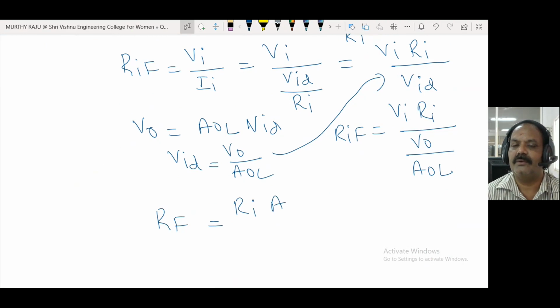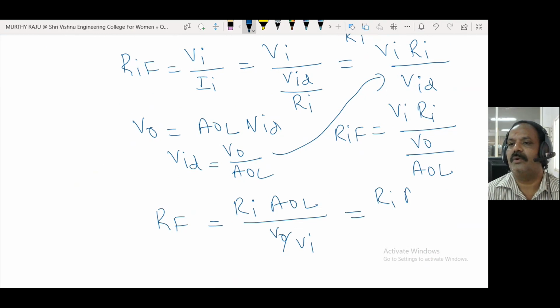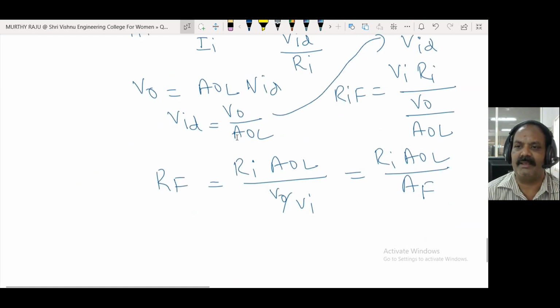Finally, RIF is equal to RI into AOL by V0 by VA, and V0 by VA is A, the gain of the non-inverting operational amplifier with negative feedback, or the closed loop gain of that amplifier.